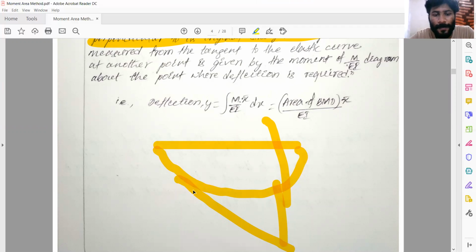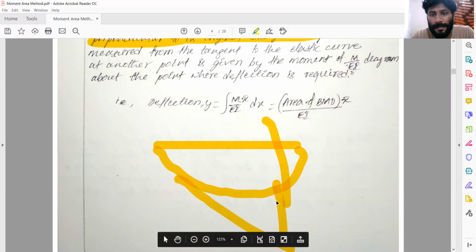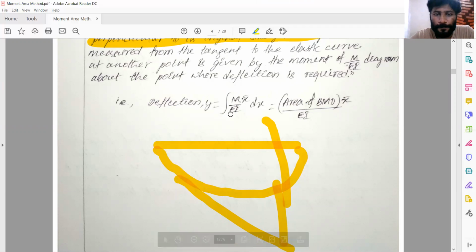The M by EI diagram is the bending moment diagram divided by the EI value. So the moment of the M by EI diagram should be taken about the section where deflection is required. Deflection y is equal to the integration of M by EI into X bar into dx, that is equal to the area of BMD into X bar divided by EI.